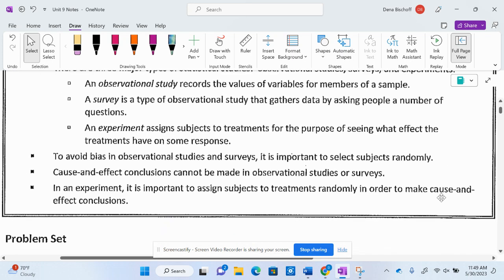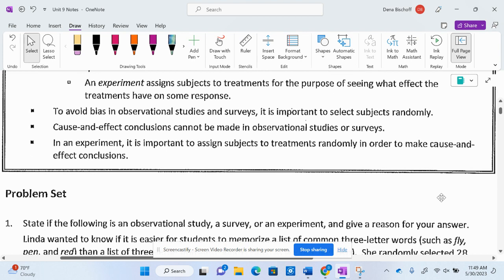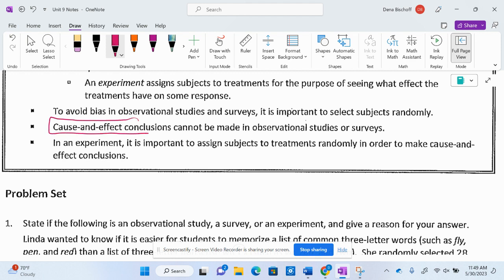All right, so to avoid bias in an observational study and in surveys, it's important to select subjects randomly. Cause and effect conclusions can only be made by experiments, right?